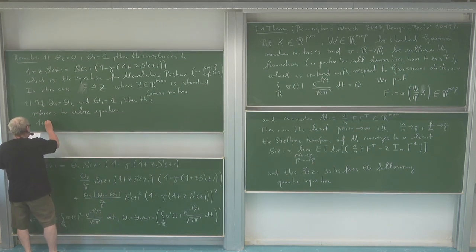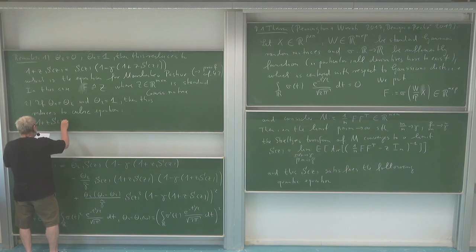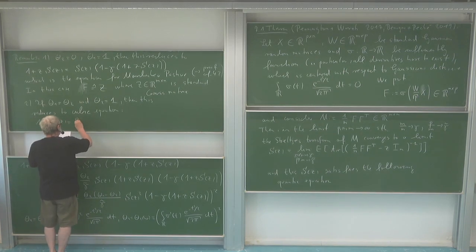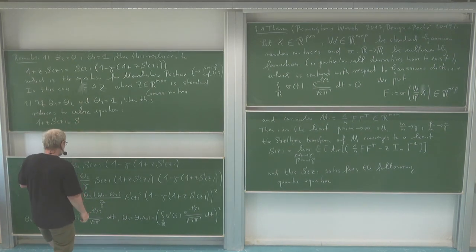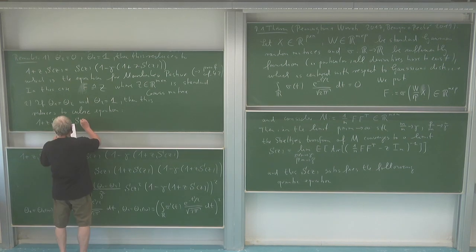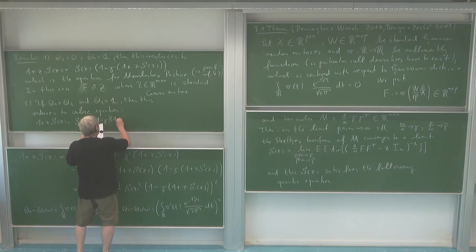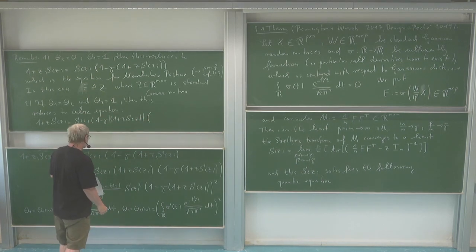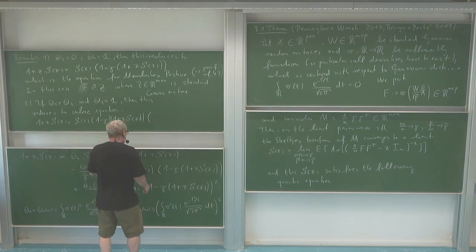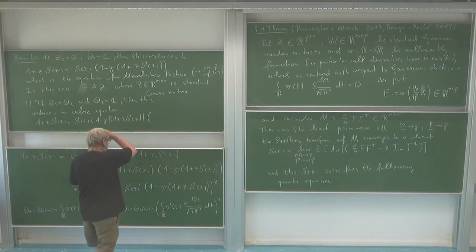Namely, this is 1 plus z times S of z times 1 minus gamma times 1 plus z S of z times, so what have I taken out here?